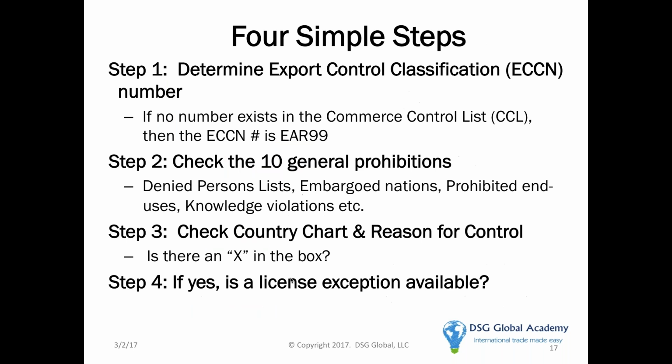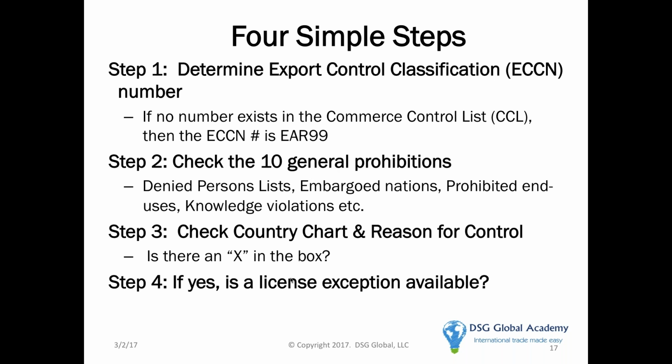So I'm simplifying it on the next slide, which just asks 4 simple questions. Number 1, do you have the correct ECCN number for your product? Number 2, have you checked the general prohibitions that you can't ship to a denied person, embargoed country, prohibited end use, and so on and so forth?